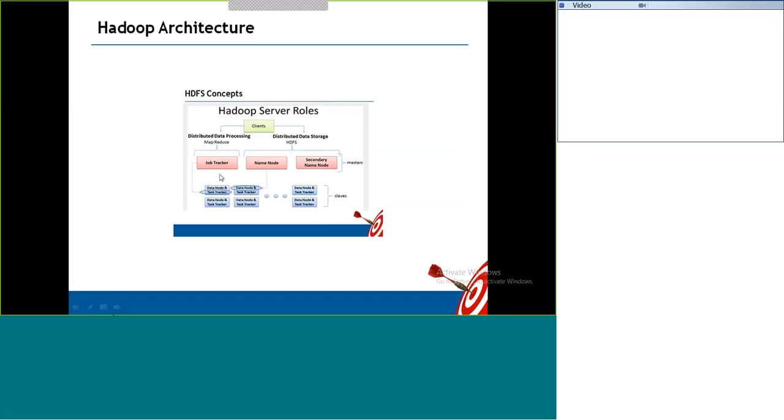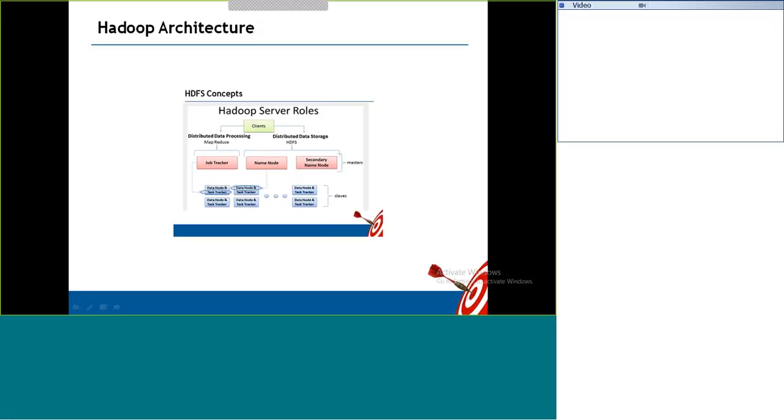And then these are all the master nodes. These are all the slave nodes. Multiple slaves will be there, and one master will be there. Related to storage, one master will be there. Related to processing, one master process will be there, and then multiple slave processes will be there.